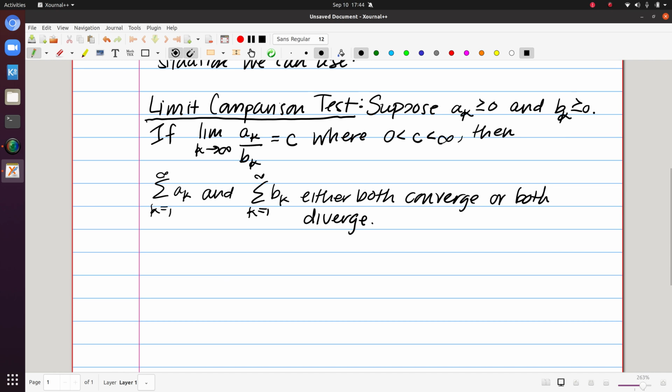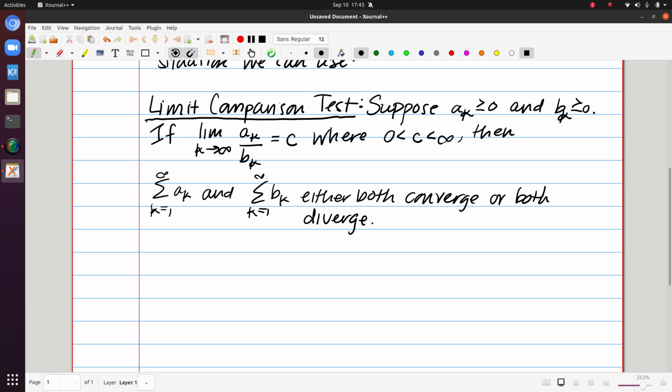Okay, a couple things to consider when you're using the limit comparison test. Notice that it is important that your limit not equal 0 or infinity. And we'll see that the reason is that we can have situations where that is the case, where the series don't in fact behave the same. But we can also have other situations where they do.